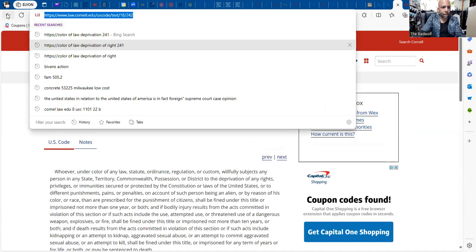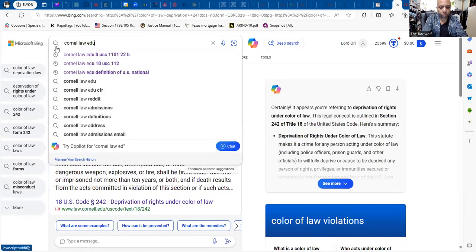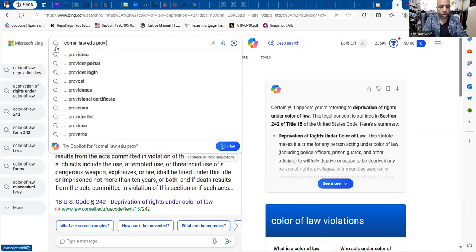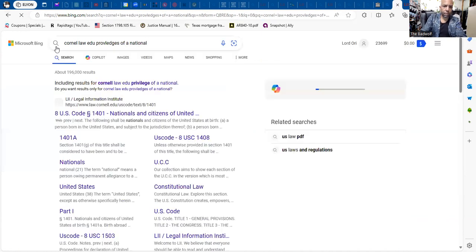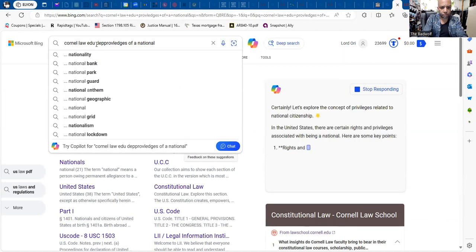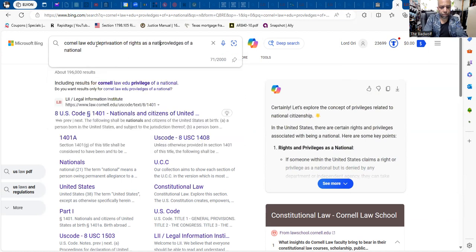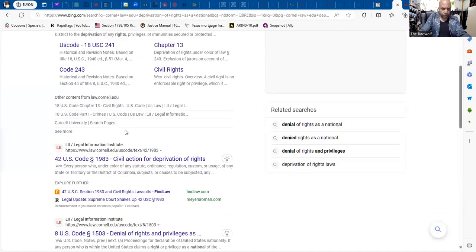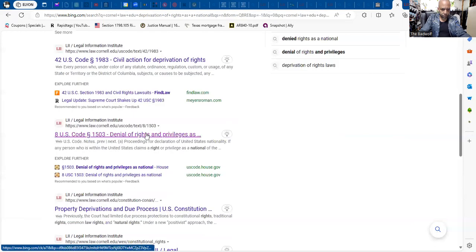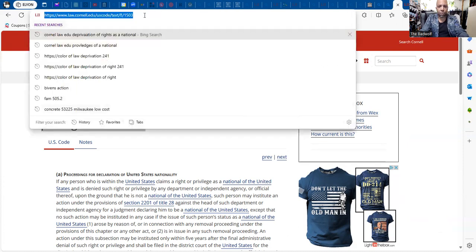And then as we mentioned before, 8 U.S.C. 1503, denial of rights and privileges as a national. There you go.